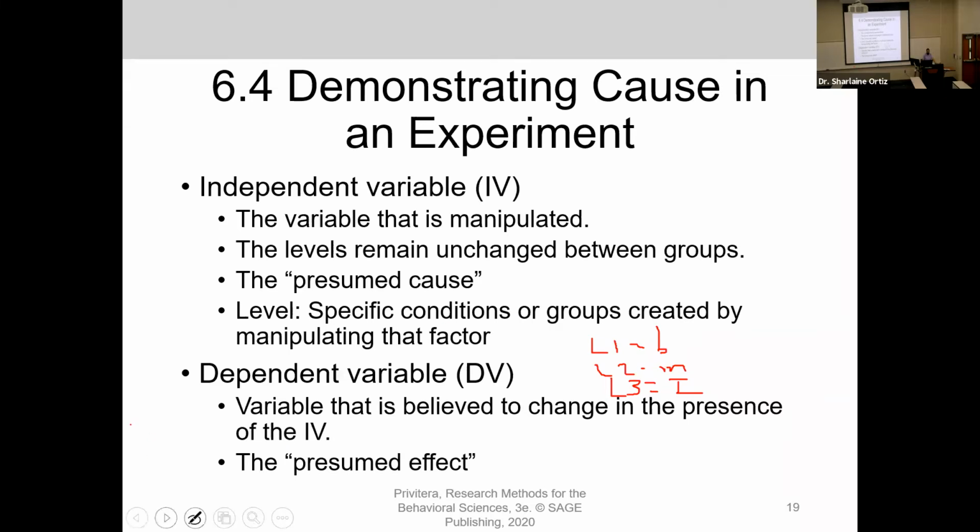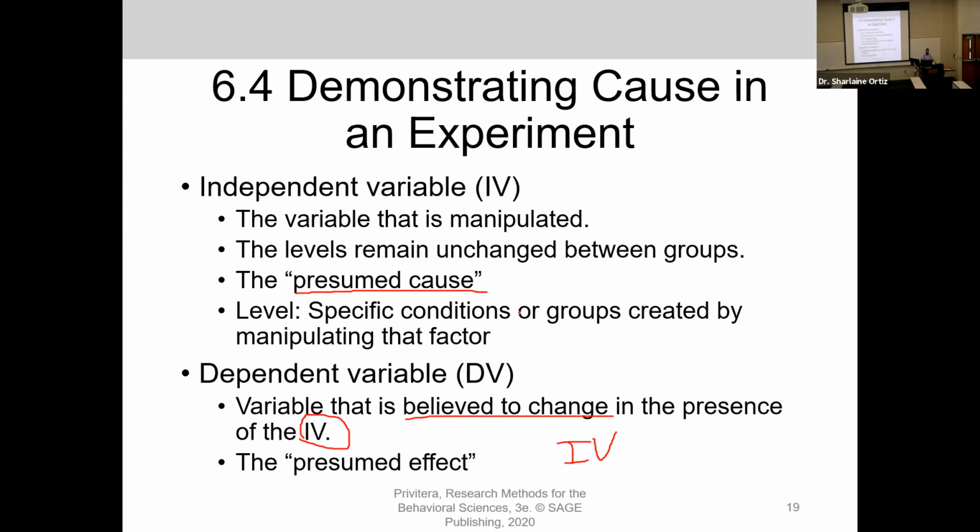Now let's talk about my dependent variable. Here we are presuming the cause, and here we are presuming that we're going to have a change because of the presence of that IV. So the IV caused that change, caused that impact.